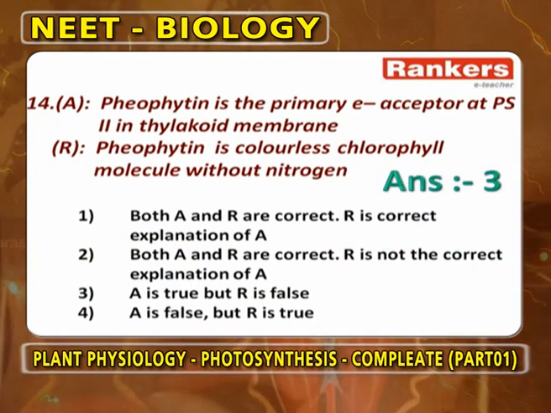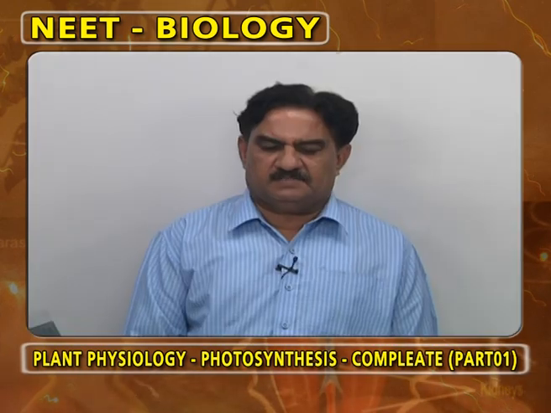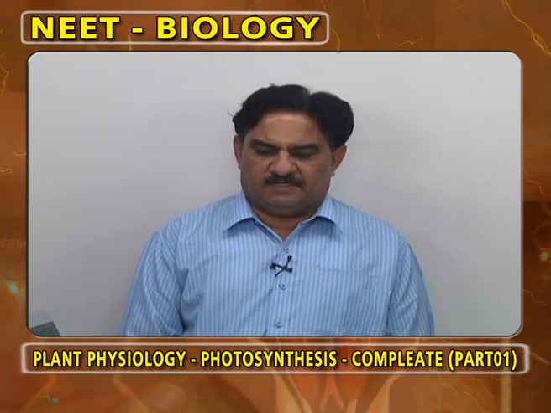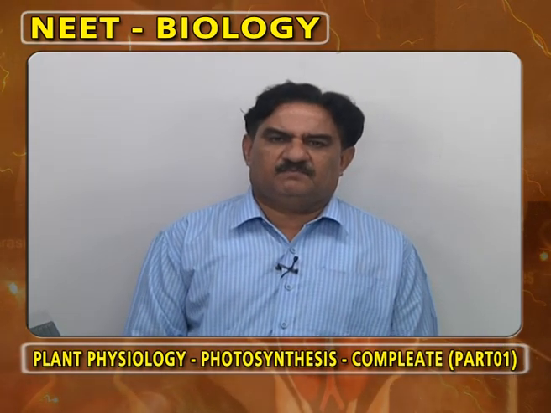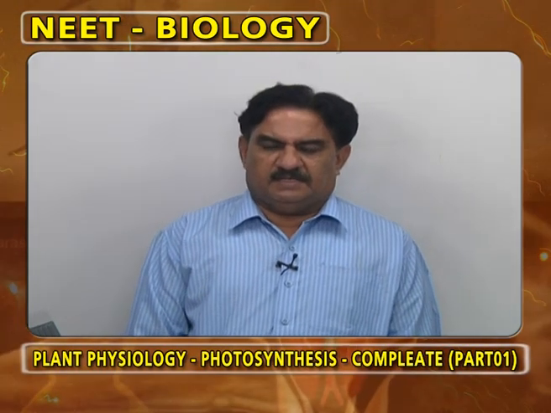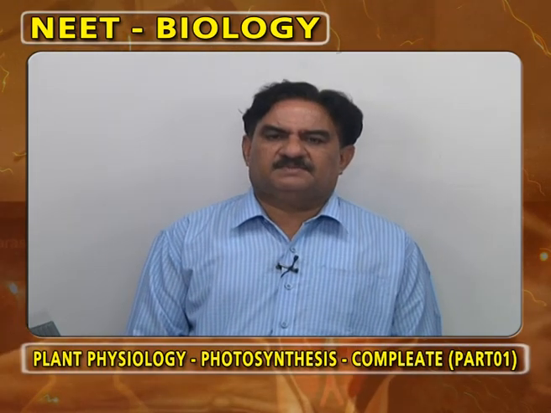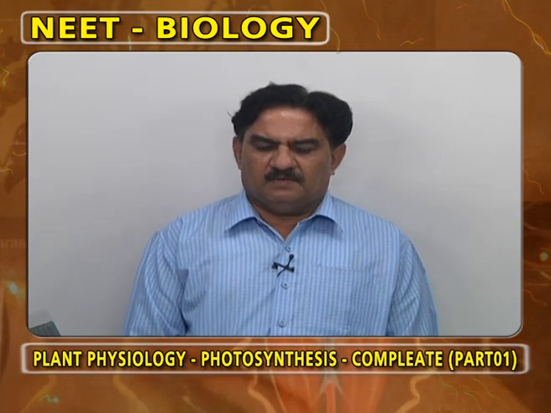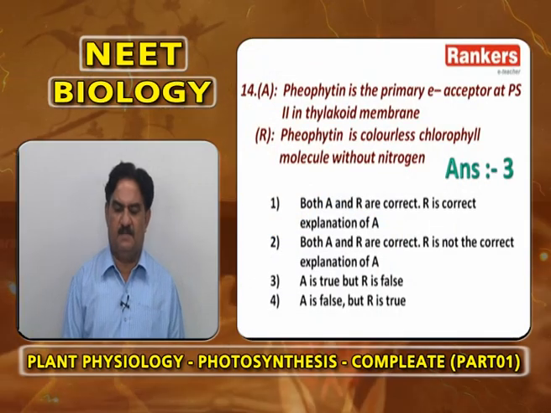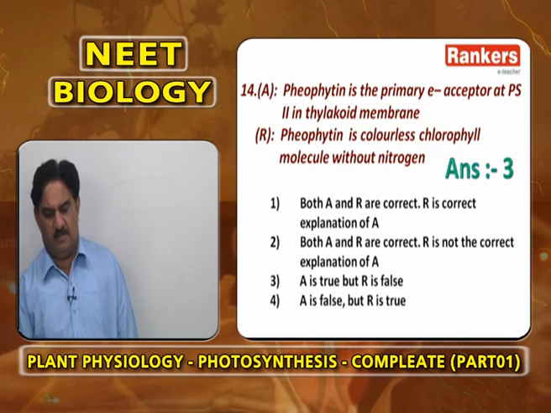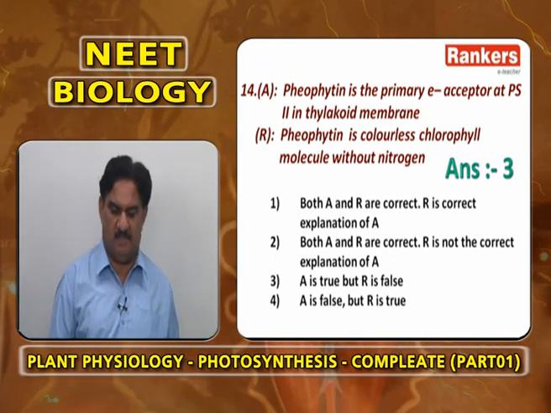Next assertion reasoning. Pheophytin is the primary electron acceptor at PS2 in thylakoid membrane. Definitely, whenever PS2 is excited by getting sunlight from light harvesting complex 2, the excited PS2 liberates electrons which are accepted only by pheophytin. That is correct. Pheophytin is a colorless chlorophyll molecule without nitrogen is wrong.